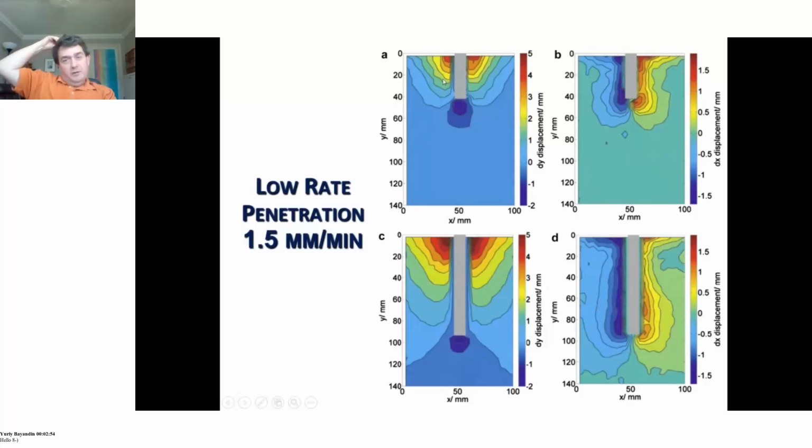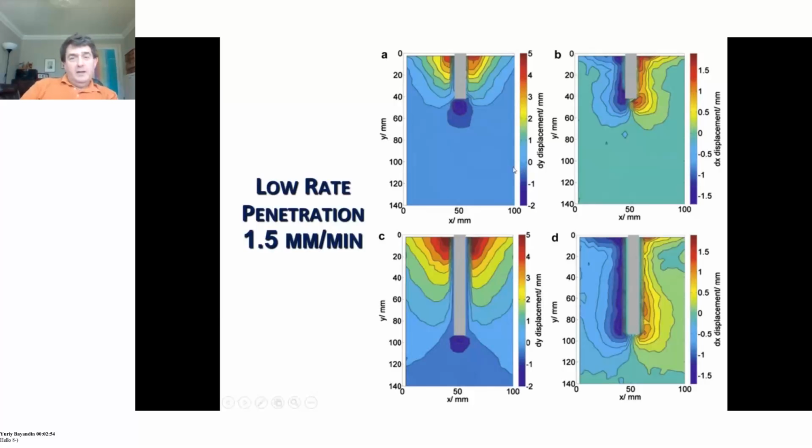This is horizontal motion here on the right hand side, and you see motion out sideways. So we can show overall the shape of displacement in the system at low penetration rate. So look at those shapes there, particularly the one about vertical motion. Look at the horizontal motion in the system. So that's at low rate.